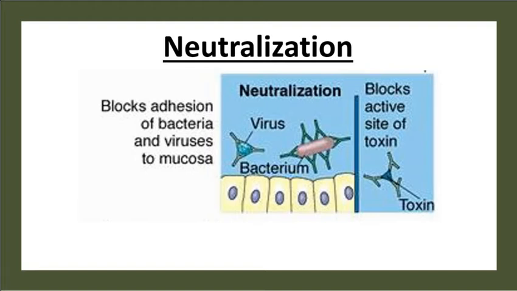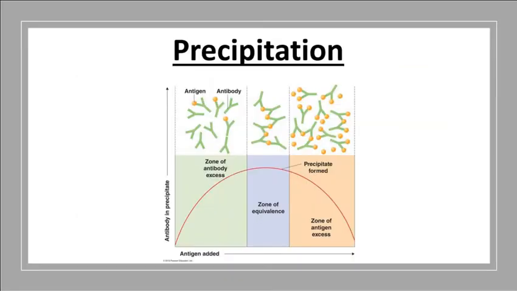Okay, the second process is called precipitation. Now, precipitation, we usually think about rain falling down, or snow, or ice falling down from the sky. Same idea here. You have basically these antigens, the disease-causing whatevers, these little orange thingies, and you have the antibodies, these Y-shaped things, and they start to clump together.